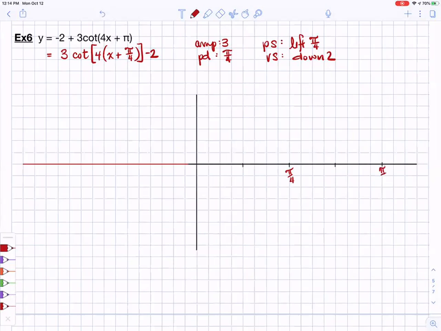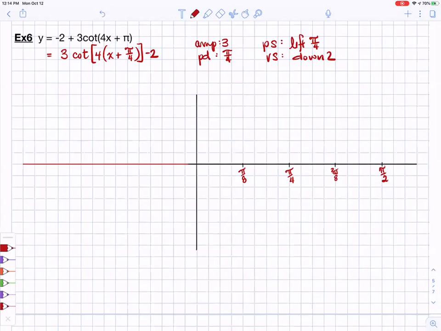Pi over 2. Yeah. And then if you take pi over 4 and you take half of that, what's half of pi over 4? Pi over 8. So here's a number that we're not really familiar with. We don't usually work with pi over 8s, but that's fine. So 1/8, 2/8, 3/8, 4/8, and that checks our work along the way, so we're good.